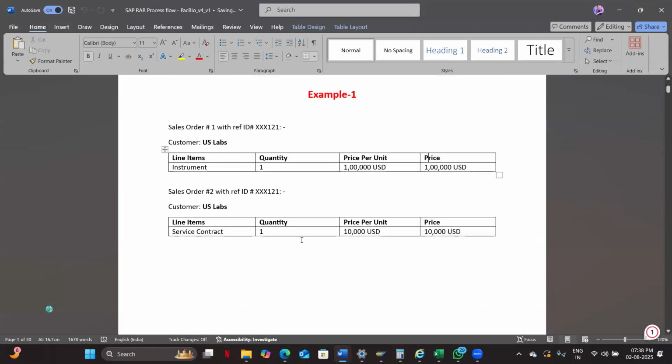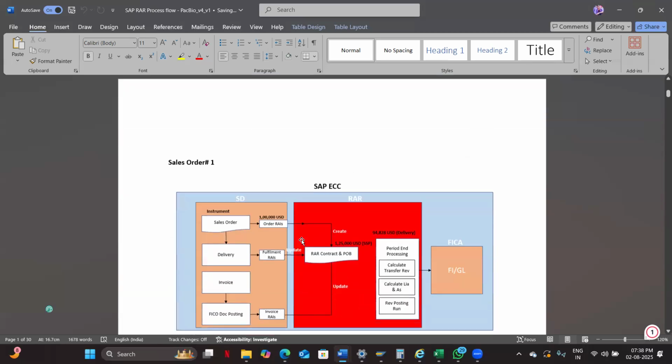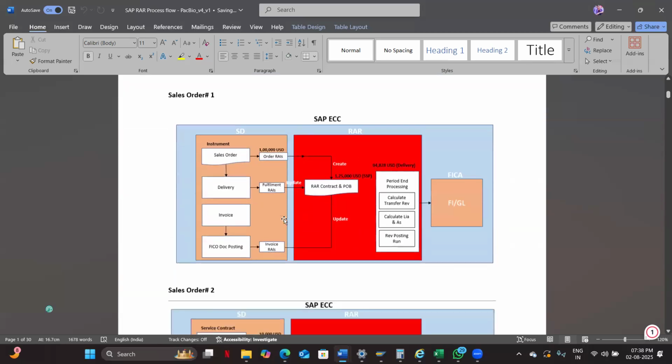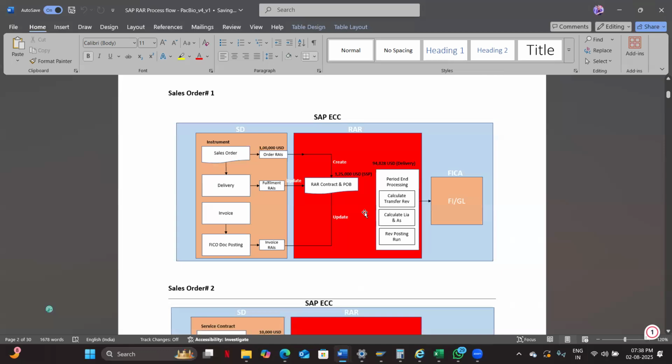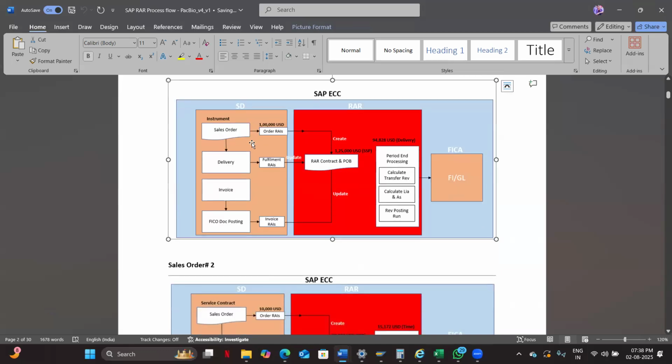For these products, let me show how it happens in SAP. I created this in a PPT. You can see we have an instrument. How does it happen at SD level? At SD level, they create an order.